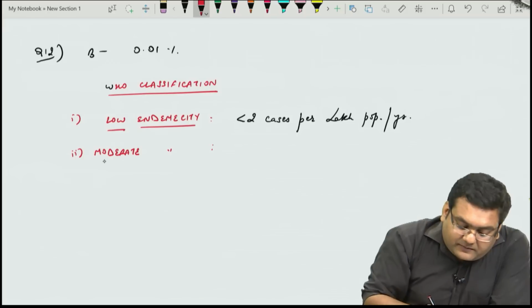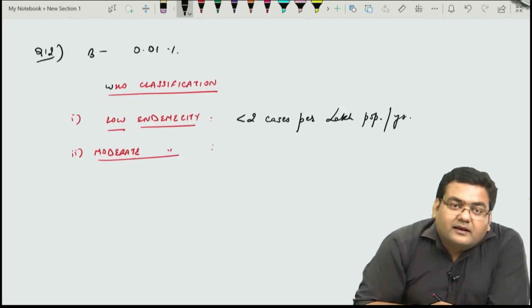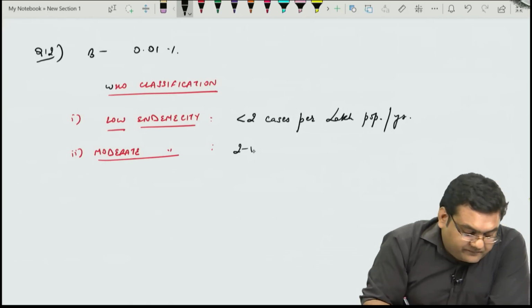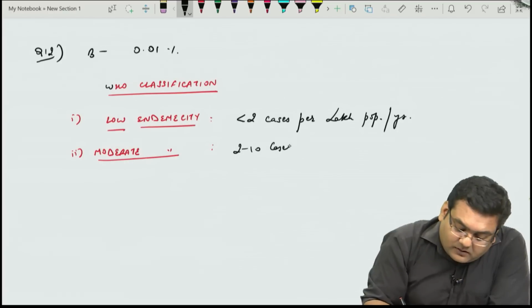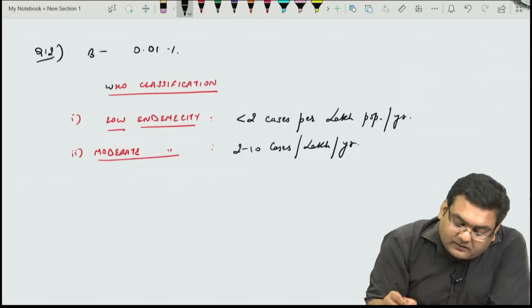Moderate endemicity is defined as 2 to 10 cases per lakh population per year.